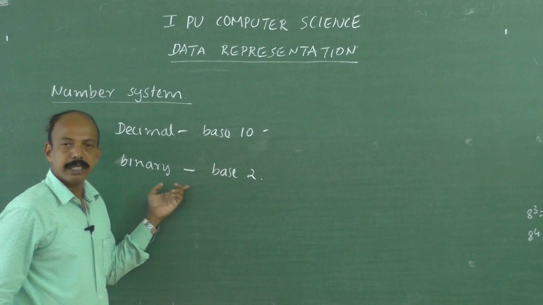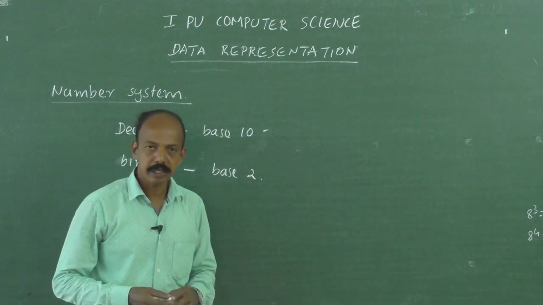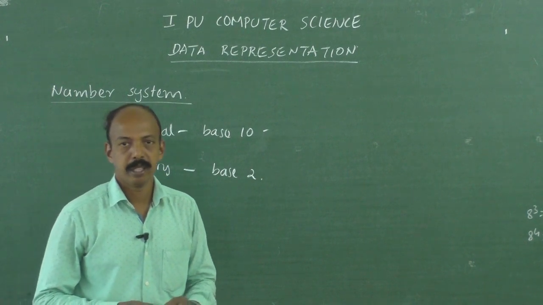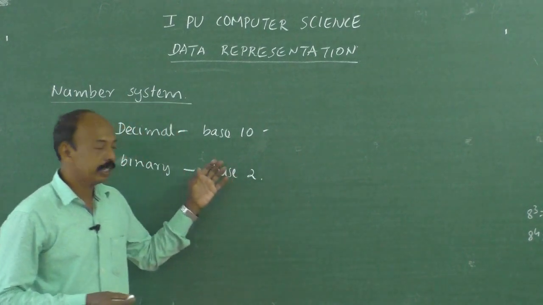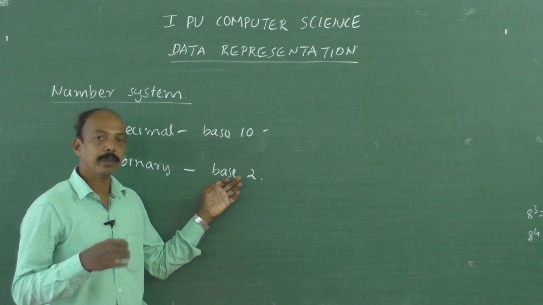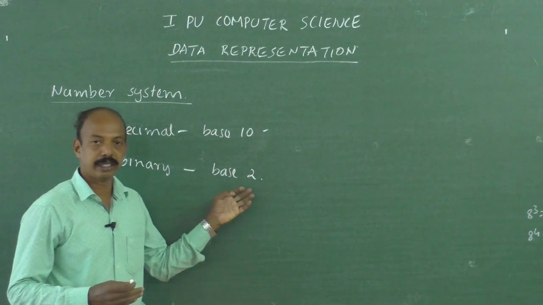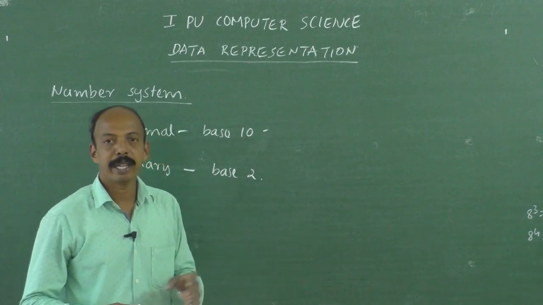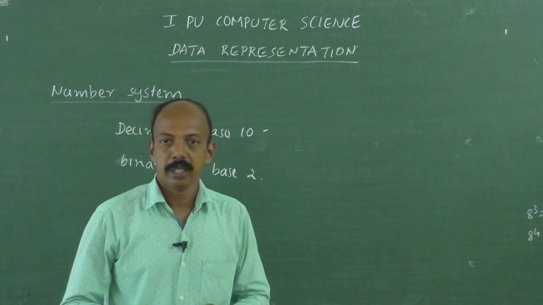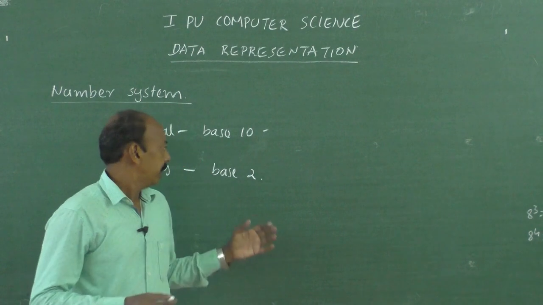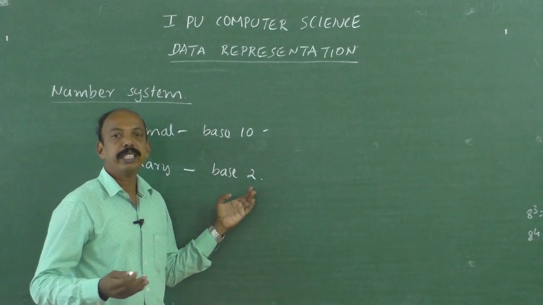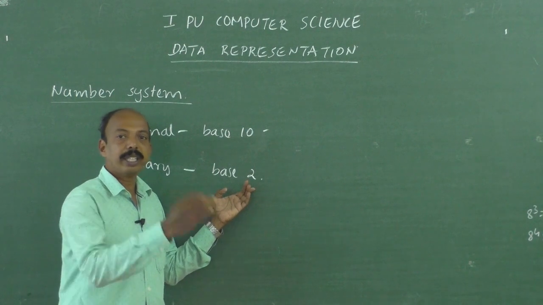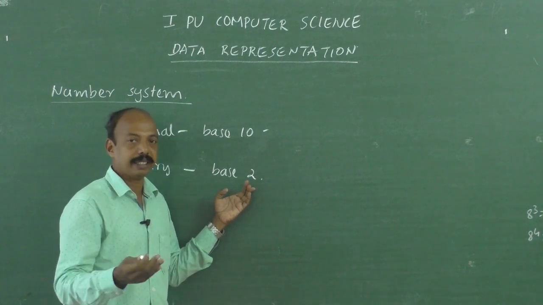Why is the binary number system important for us? Because the computer can understand a language of 0 and 1. It can't understand, suppose you have written something in English, it has to be converted to the language of zeros and ones. Just like when our Prime Minister comes to Mangalore or Bangalore, usually he will deliver his speech in English or Hindi, which will be converted to Kannada or the local language by one more translator.